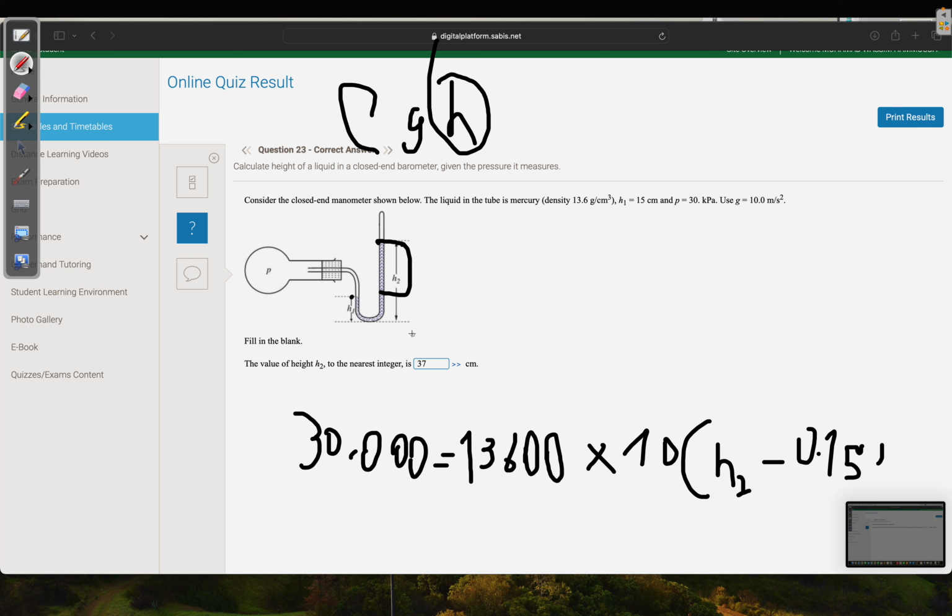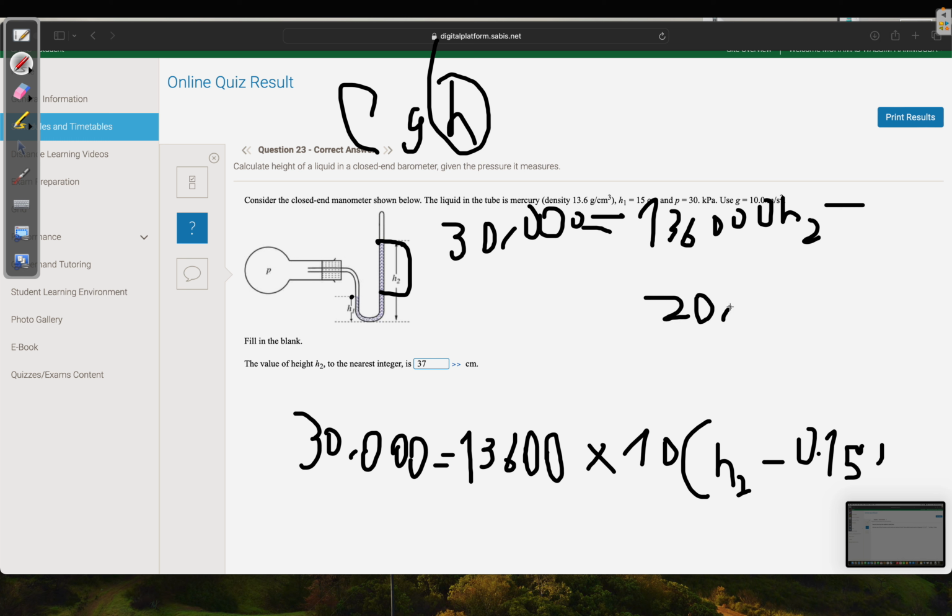Then we're gonna distribute: 30,000 is equal to 136,000 height 2 minus 136,000 times 0.15, which is 20,400.